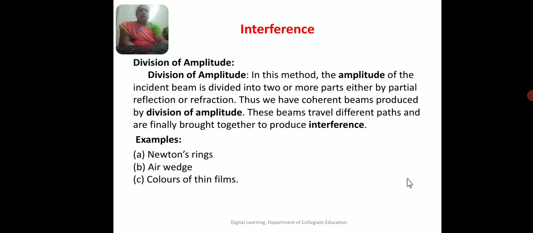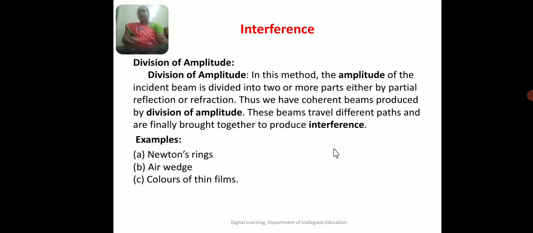So there is a set of reflected rays on the upper surface, and a set of transmitted light rays on the lower surface of the thin film. If we consider the reflected rays, they are emitted from the same source. So the set of reflected light rays have the same frequency, the same amplitude, and move with a constant phase difference.